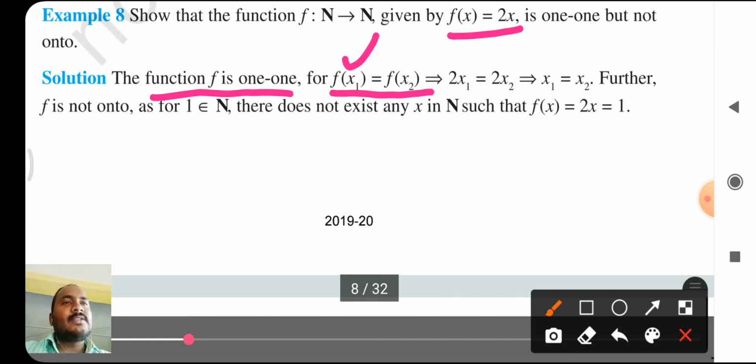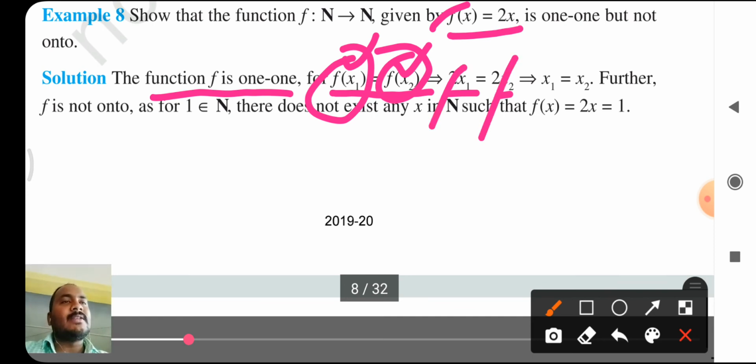Again put x is equal to x2 in the given function, we get f of x2. Then put f of x1 is equal to 2x1 and f of x2 is equal to 2x2, we get 2x1 is equal to 2x2, and 2 gets cancelled, we get x1 is equal to x2. This result shows that f is a one-one function.